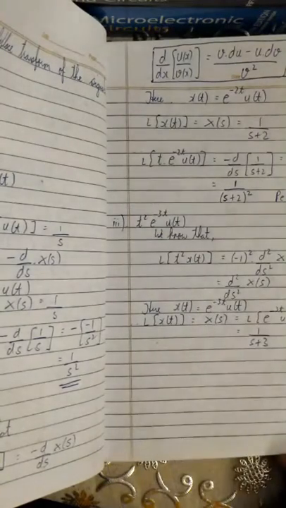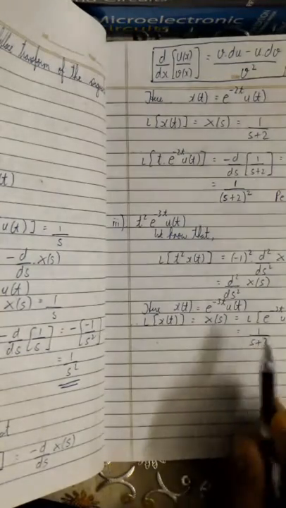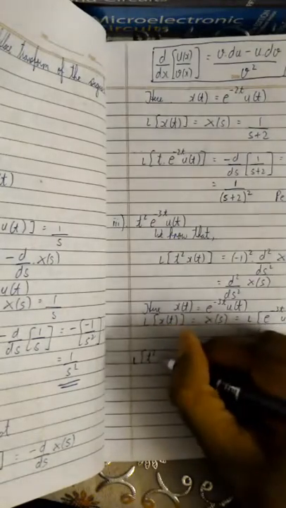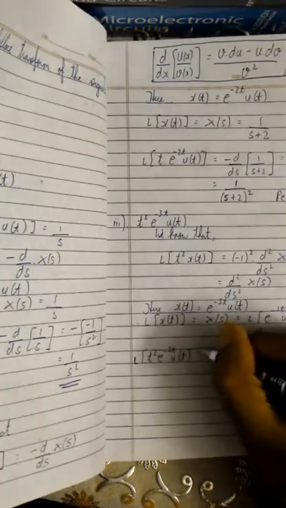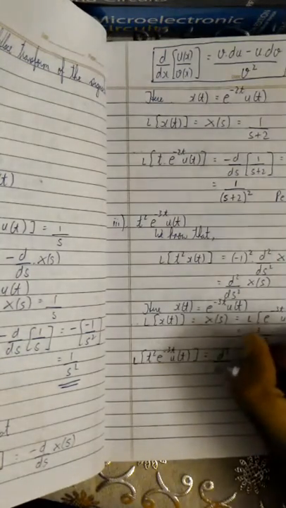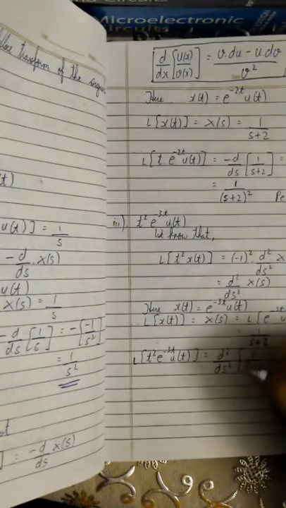So now I need to differentiate this twice. The Laplace transform of t square e raised to minus 3t u of t is equal to d square by ds square of 1 by s plus 3.